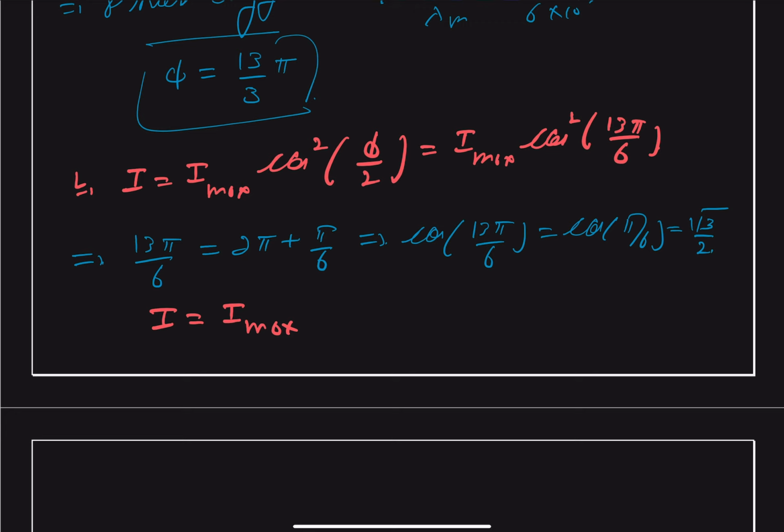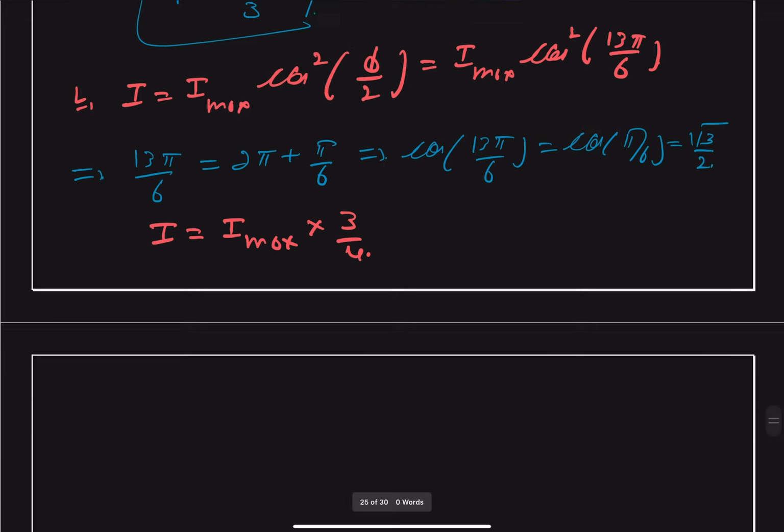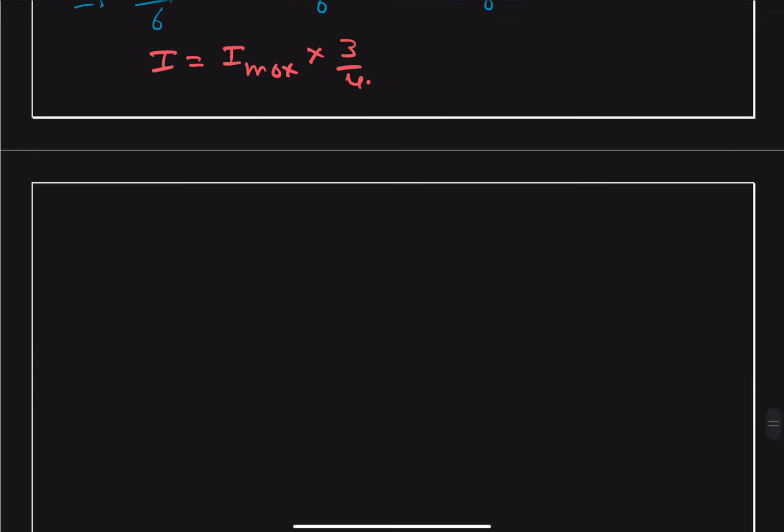So this gives us 3 by 4. Okay. So therefore the intensity at O is 3 by 4 of max. You can say that intensity at O is 3 by 4 times the maximum intensity.